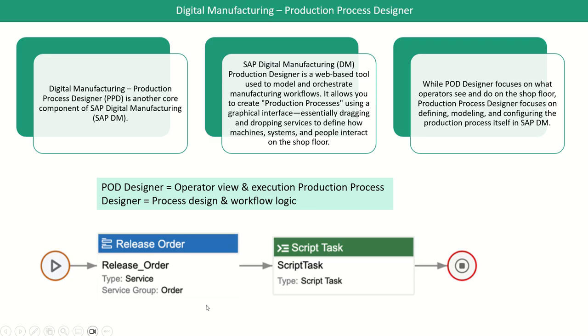This is known as the production process, where this is the start and this is the end. I will go into detail where we'll create some production processes, and we will discuss all the points in SAP Digital Manufacturing from where we can call a production process during execution on the production operator dashboard.